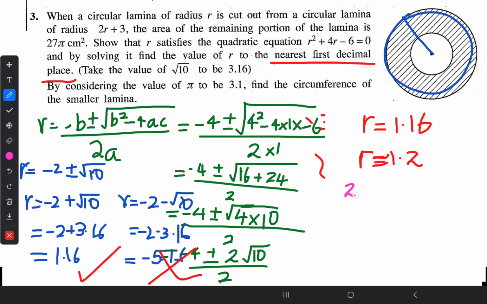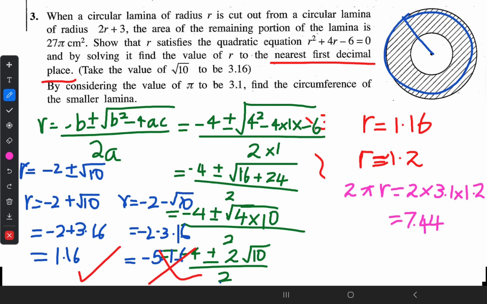Circumference means 2 pi r. 2 into 3.1, not 22 upon 7, that's wrong, multiplied with the radius, which we found as 1.2 to the first decimal place. So when we multiply these three quantities, that will give you the respective circumference.